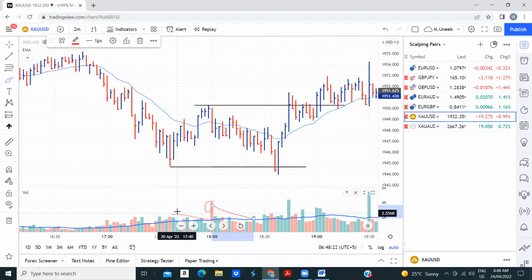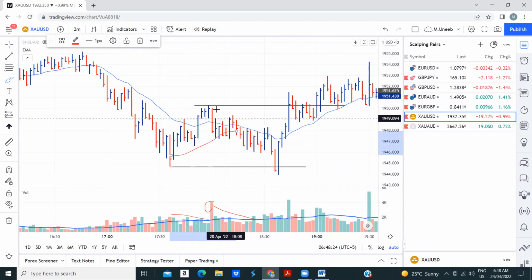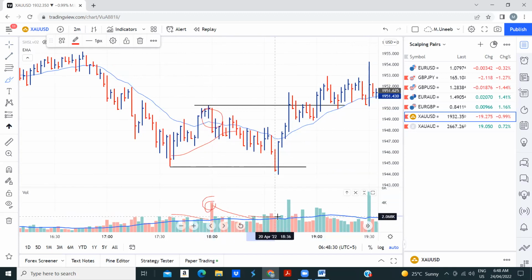It decreases throughout the range. Only this one here was an anomaly. And then what happens at the fake breakout? This is a fake breakout. The volume increased a bit, and during the breakout, what happens? We see increased volume. Can you see the U shape? This U-shaped structure is the accumulation.